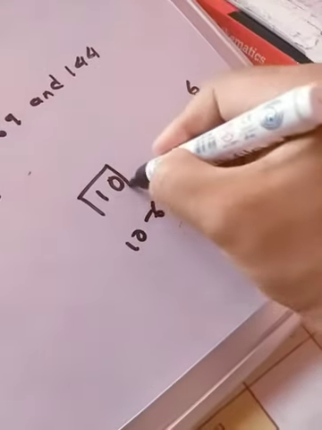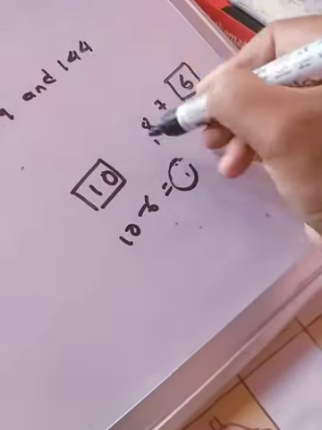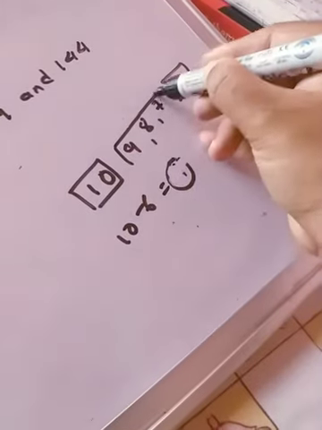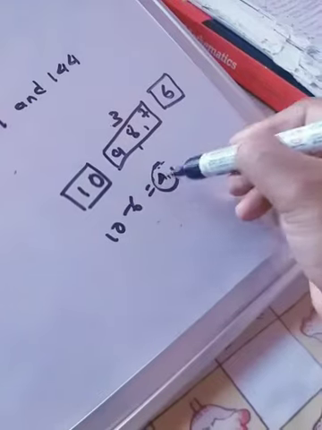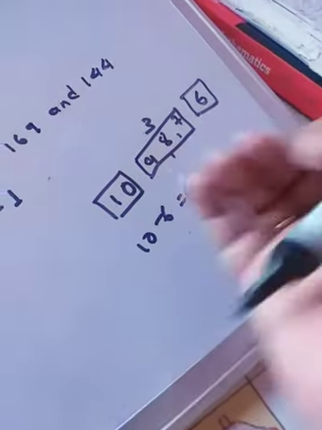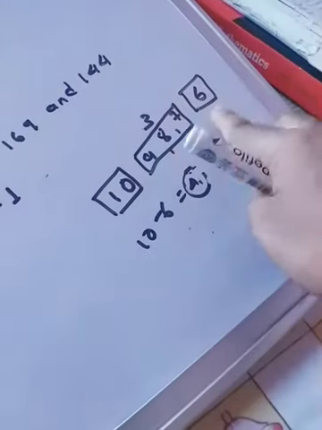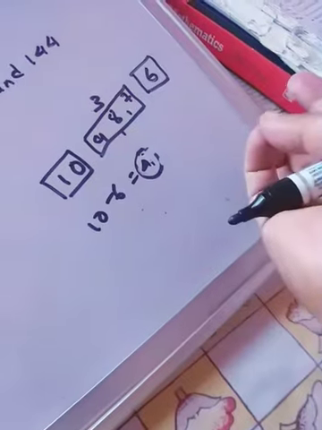If I ask how many numbers lie between 10 and 6, there would be 7, 8 and 9. How many numbers are there? 3. But when I'm doing the subtraction, I'm getting 4. It is because when you do minus, you start from 7, 8, 9, 10. You are including 10 also, isn't it?